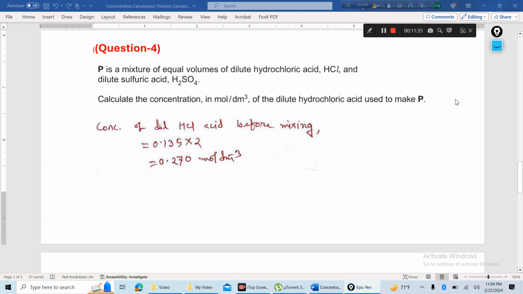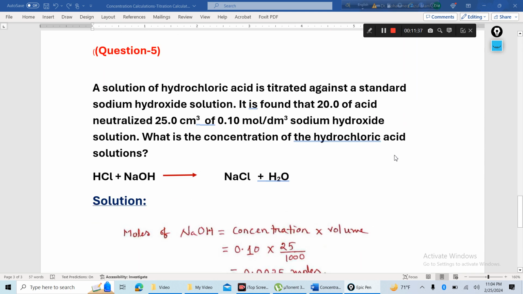Now another problem. A solution of hydrochloric acid is titrated against a standard solution of sodium hydroxide. Hydrochloric acid is titrated, a neutralization reaction with sodium hydroxide.